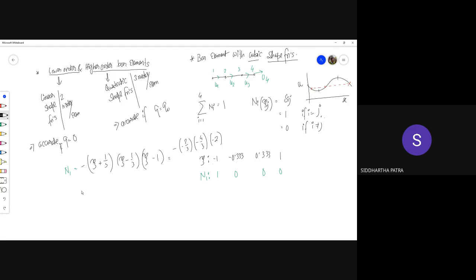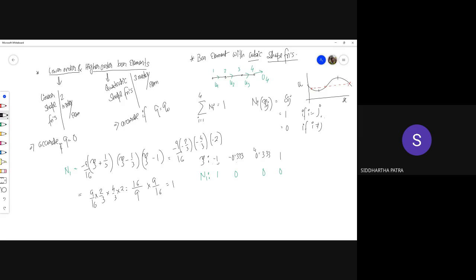So in the end, you have 2 third times 4 third times 2. So it is 16 by 9. So why not multiply everything with 9 by 16? So you have 1. There is a fourth condition that you are supposed to satisfy.